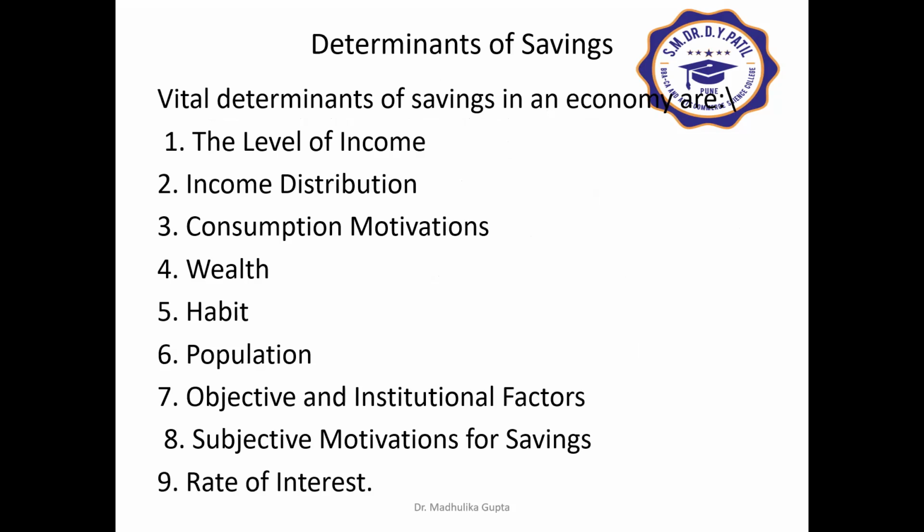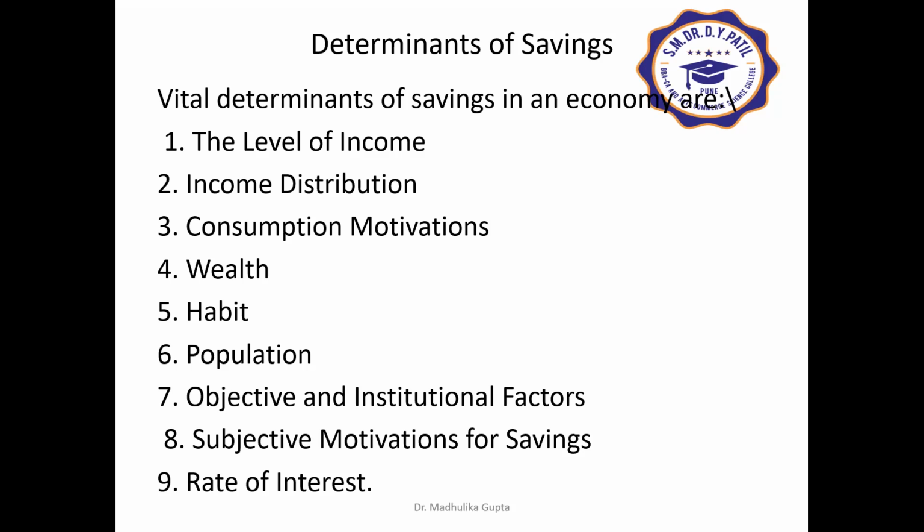The very first one is the level of income. As Keynes stresses, savings is basically a function of income, and saving increases with income. We all know that. Of course, there can hardly be a proportionate relationship between the size of income and savings, but empirical evidence has proved that there is a marked correlation between the two.